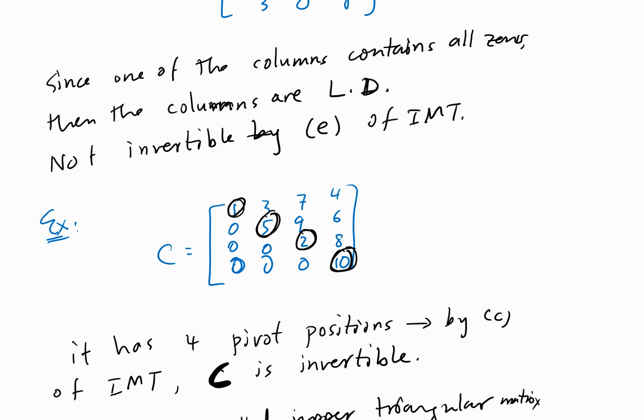Now, this matrix C, we call it an upper triangular matrix. Why are we concerned about this?